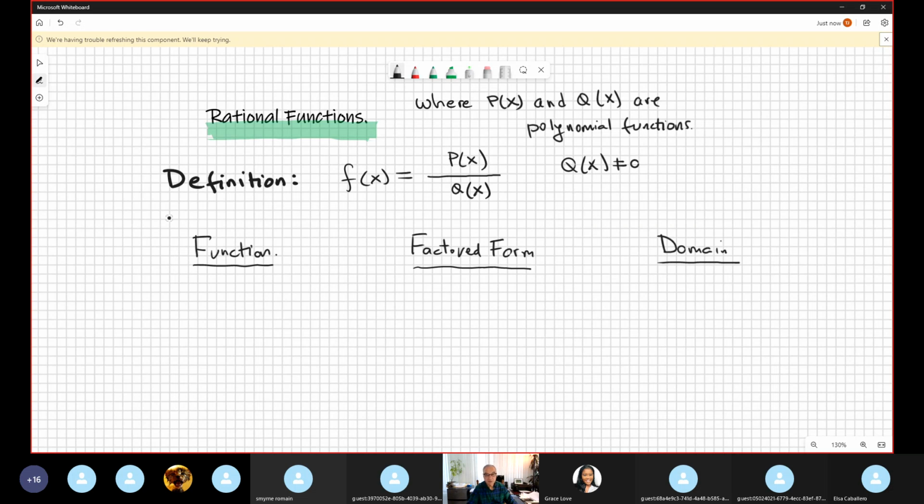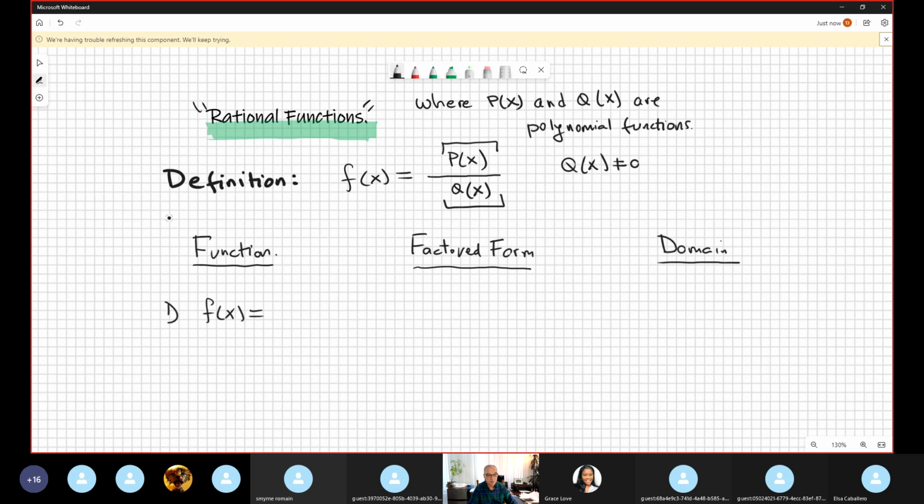What is important in factored form? The first thing that you should do to analyze a rational function is factorization. Factorization of both polynomials, the polynomial at the top and the polynomial at the bottom. Let's do it. The first example is f of x equals 1 over x.